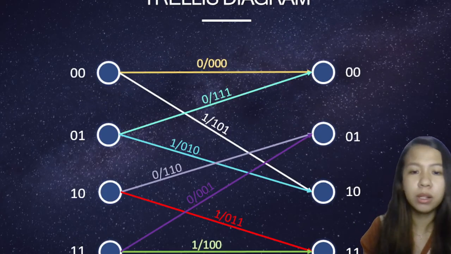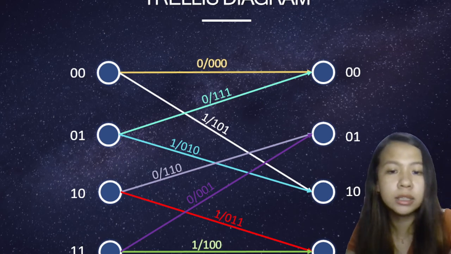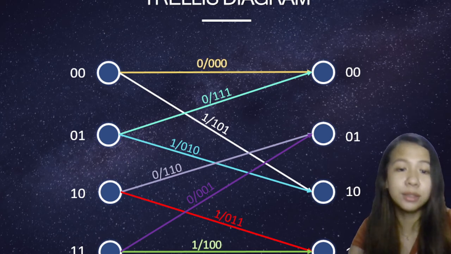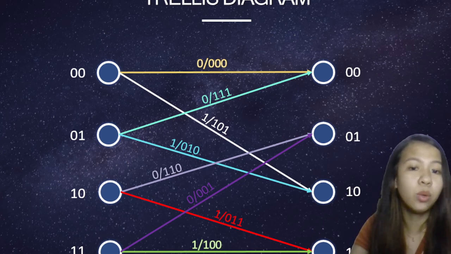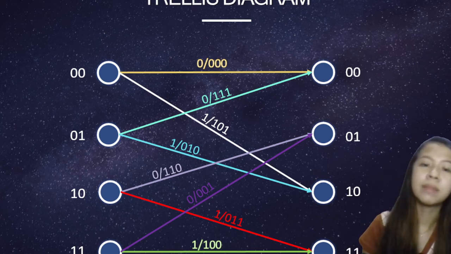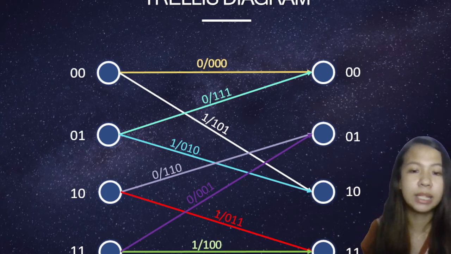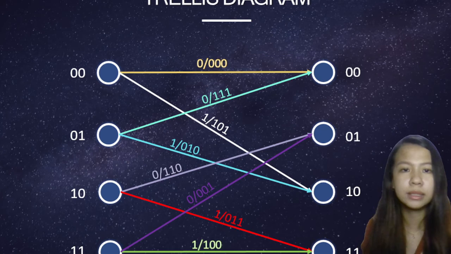In the purple color here, if the input is 0 and the current state is 1, 0 and the next state is 0, 1, then the output is 1, 1, 0. Next, in the red line here, I hope you can see it well.